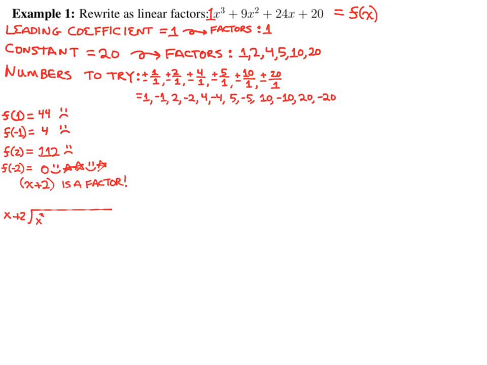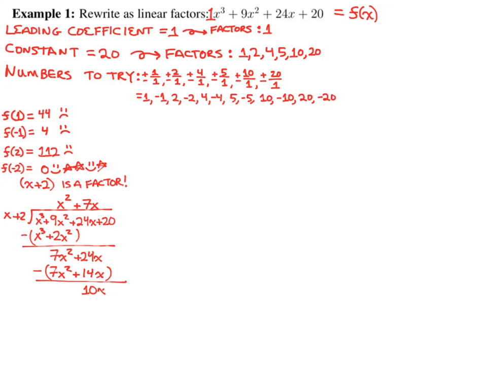Okay, since we know that's a factor, we can divide. It's cubic, and we can divide by this linear x plus 2, and the dividing part is pretty not exciting. You do x squared, you subtract, write down the rest of the stuff, and then you got a 7x to make it work, you subtract the rest of the stuff, and 10x, then you got the 20, and then you do the 10, and then you got the 10x and the 20, and you subtract them, and you get 0.